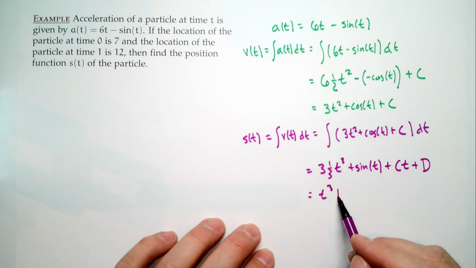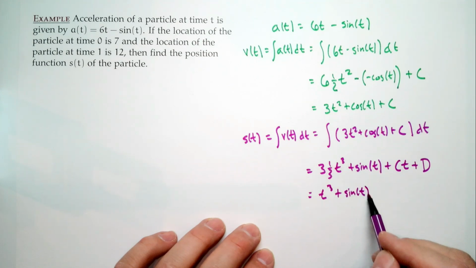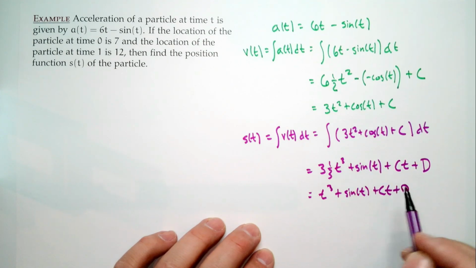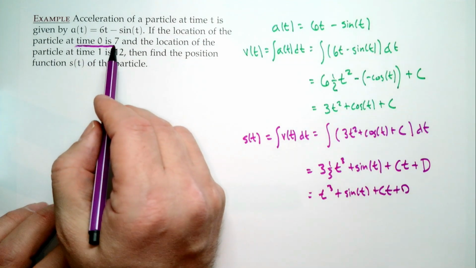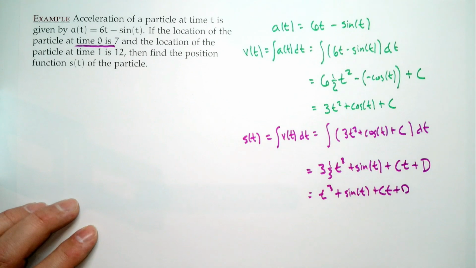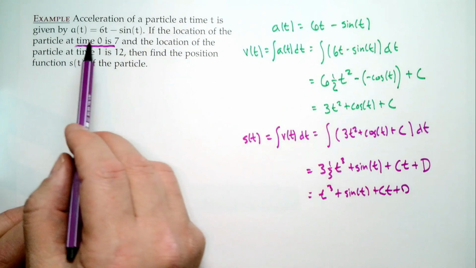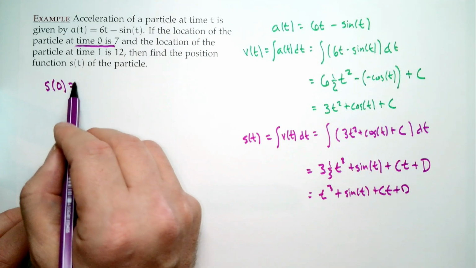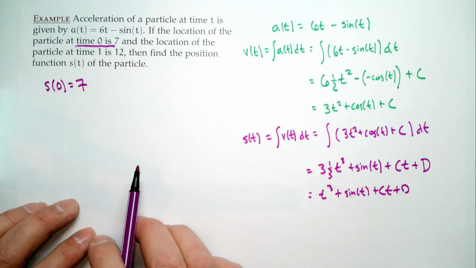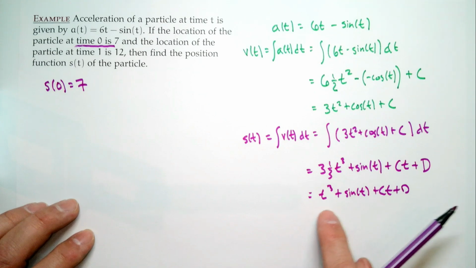So let's see what we do know. Well, we're told that the location at time 0 is 7. That statement is shorthand for saying s of 0 equals 7. So let's plug in 0 into here.